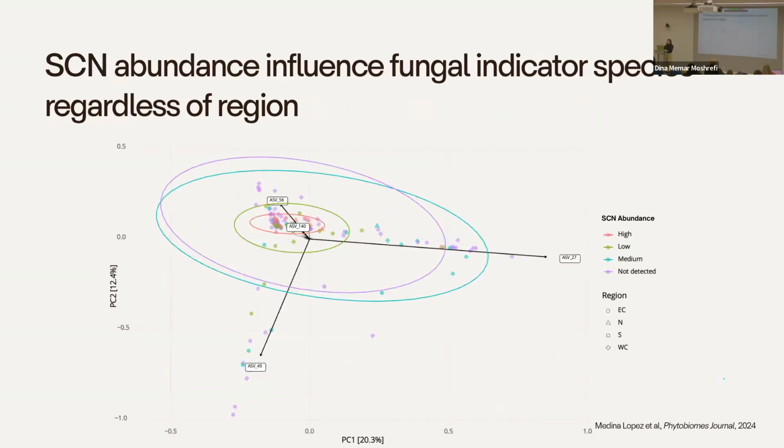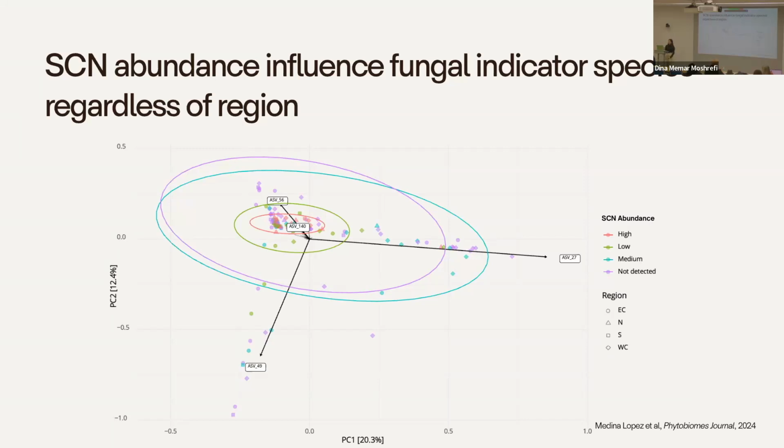So we wanted to learn if soybean cyst nematode abundance had any correlation or influence on the fungal community composition, regardless of where that sample was collected from. What we did is that we performed a fungal indicator species analysis.